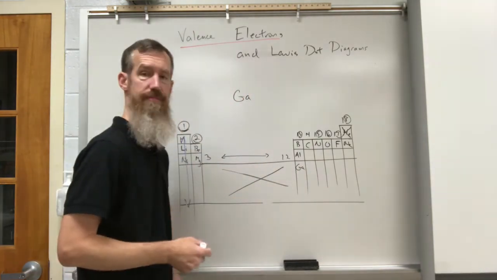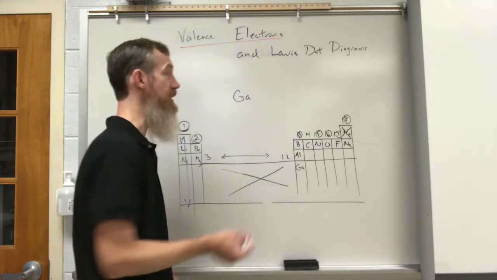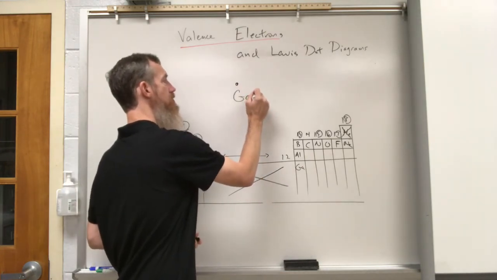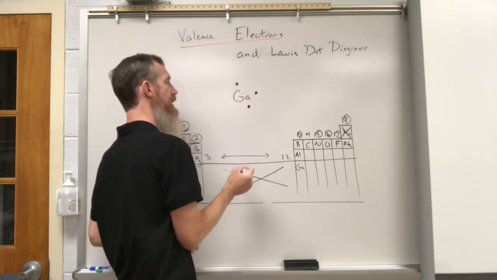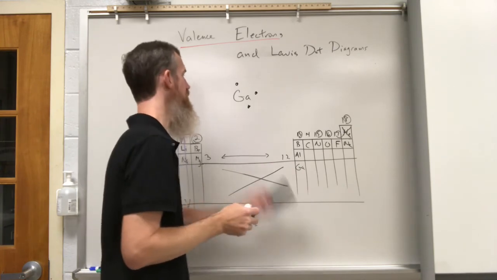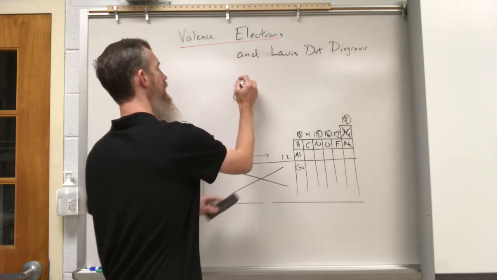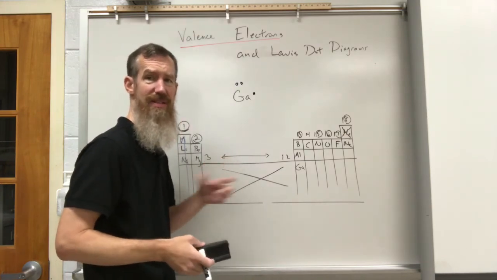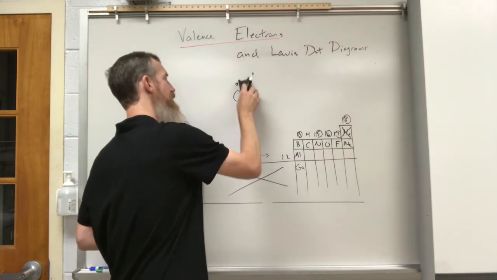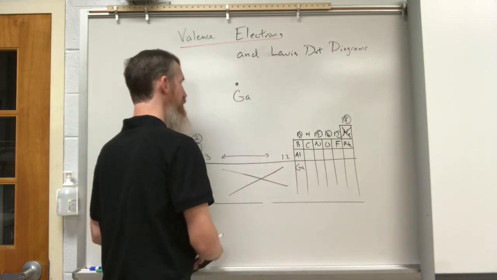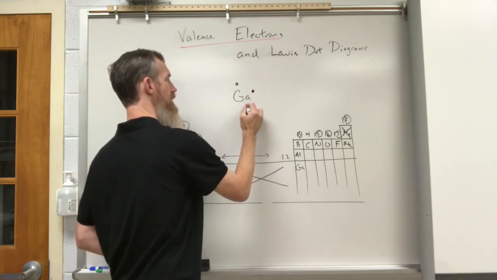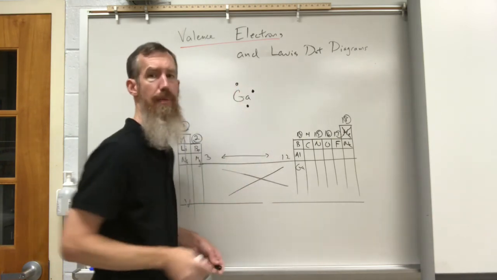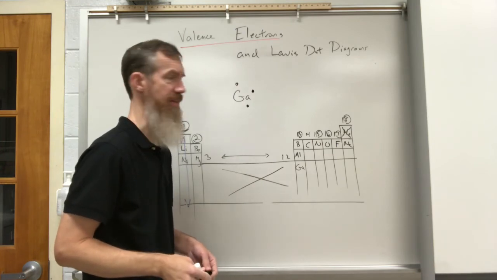It's in the 13th column. It's got 3 valence electrons. So again, 1, 2, 3. Some people in some books will say it's got 1, 2, 3. It's okay. It does have 3 valence electrons. It's got 3 dots. But again, the pattern generally is you fill in 1 dot per side before you start doubling up dots on each side of the element.